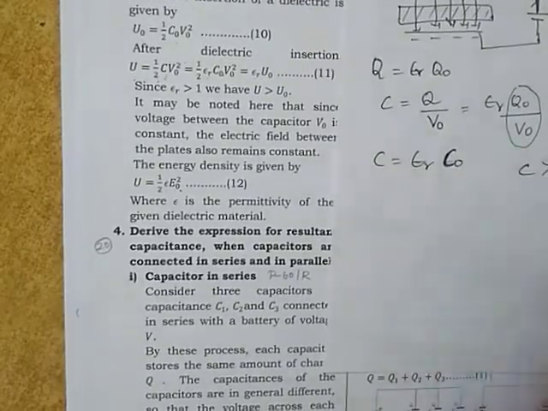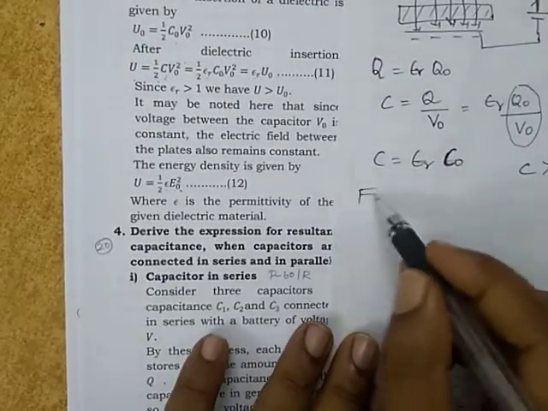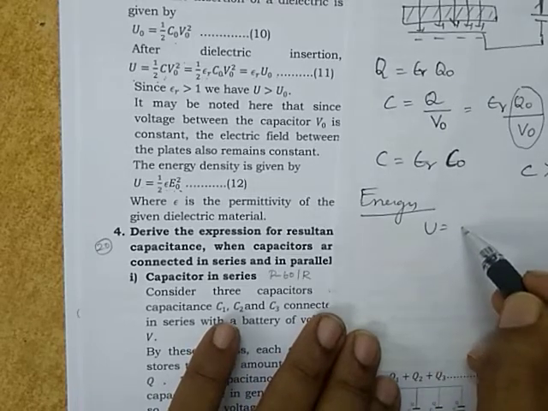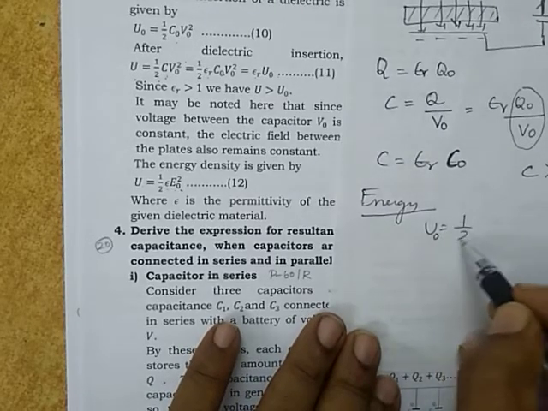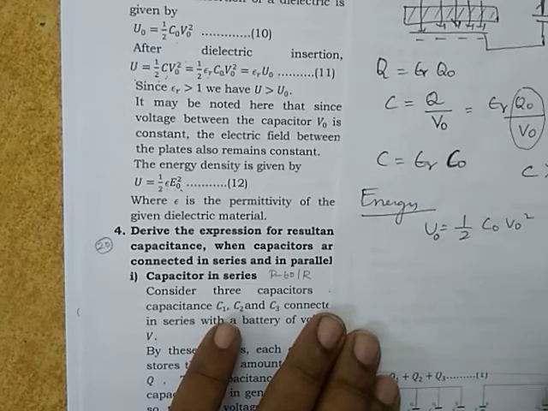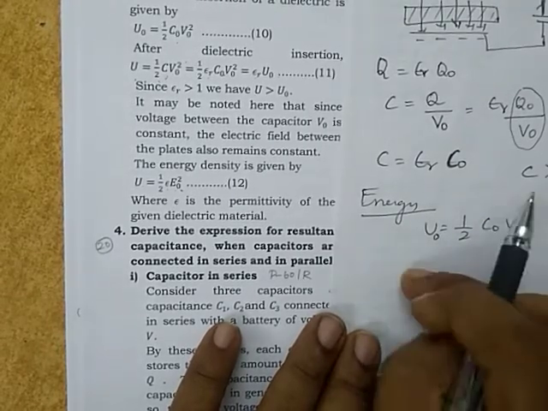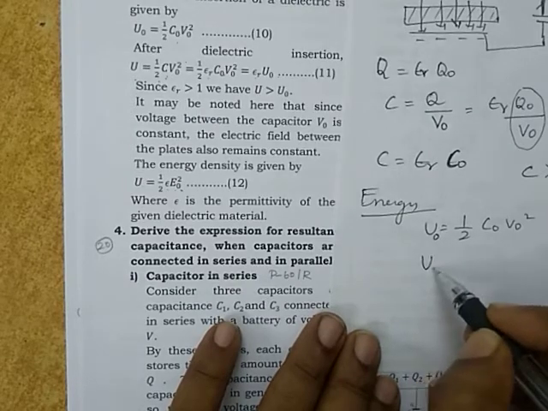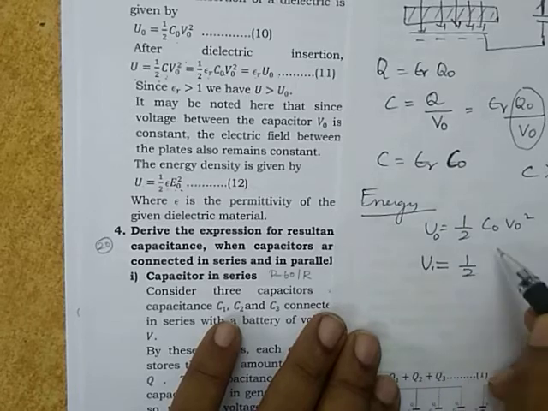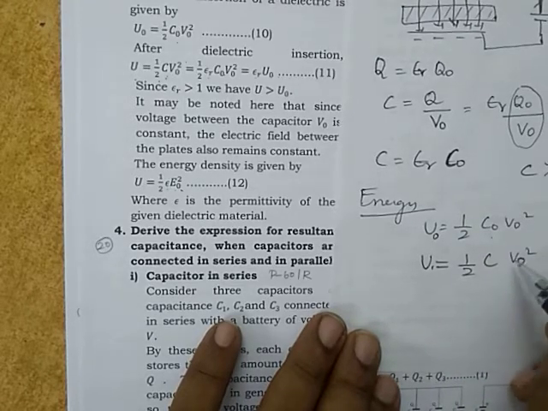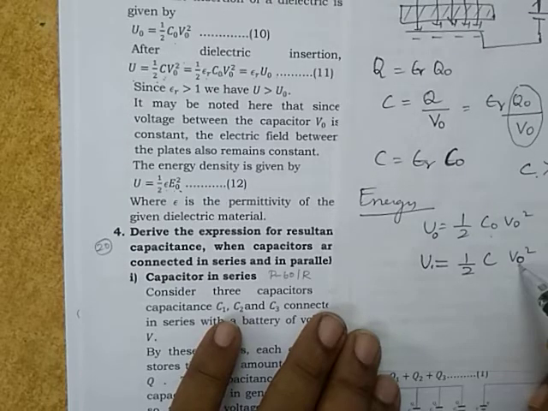Then after that we need to find the energy. We know U is equal to half C V square. Then U naught is equal to half C naught V naught square. This is the energy stored in the capacitor before the dielectric is placed. After the insertion of the dielectric medium, it becomes U. Then U is equal to half C V naught square, because the capacitance increases and the potential is constant.